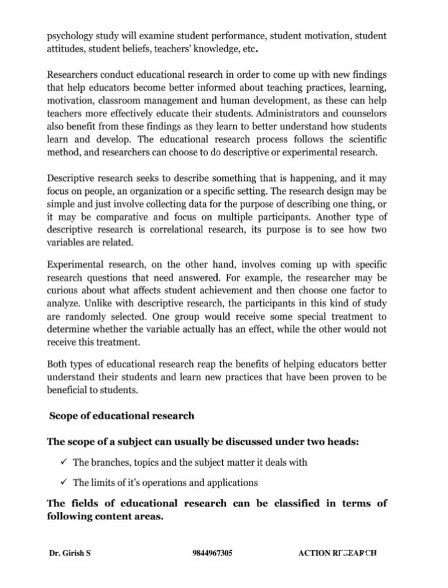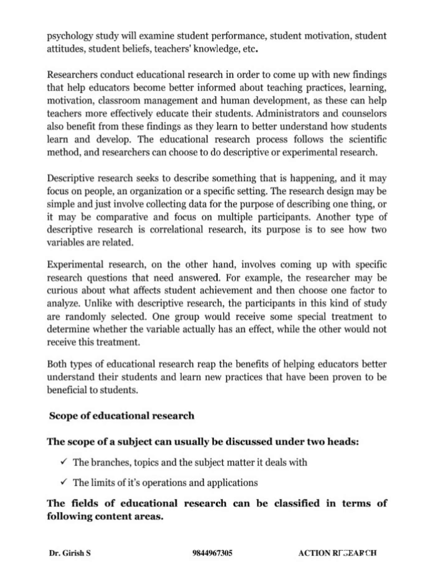Experimental research, on the other hand, involves coming up with specific research questions that need to be answered. For example, the researcher may be curious about what affects student achievement and then choose factors to analyze. Unlike with descriptive research, the participants in this kind of study are randomly selected.